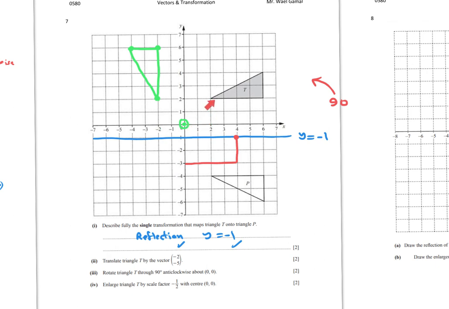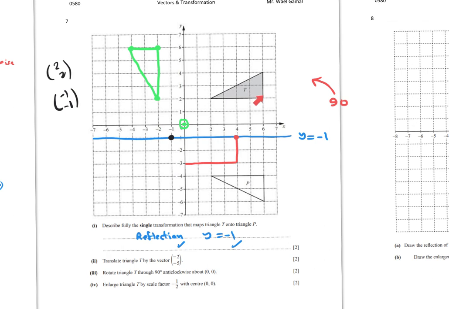So multiply by -1/2. So 2 and 2. If you multiply 2 and 2 by -1/2 then you have -1 and -1. This means travel from the center of enlargement, because negative, 1 to the left and 1 down. So this is the image for this point.